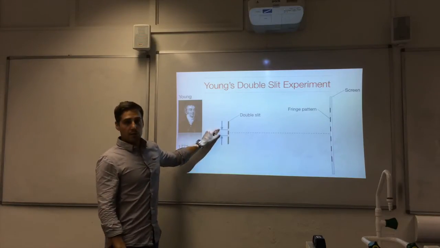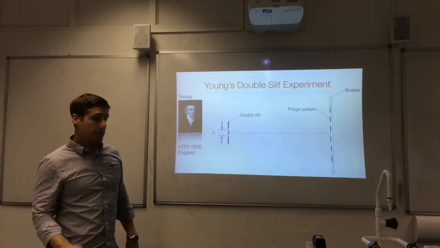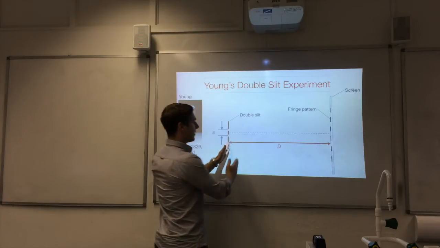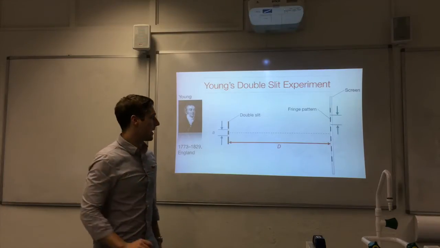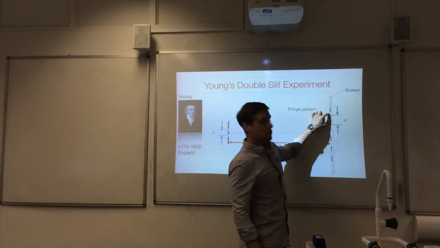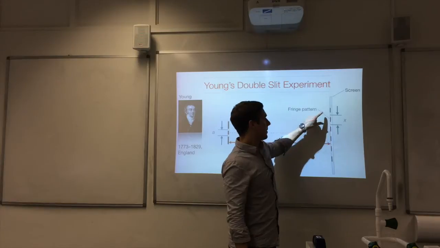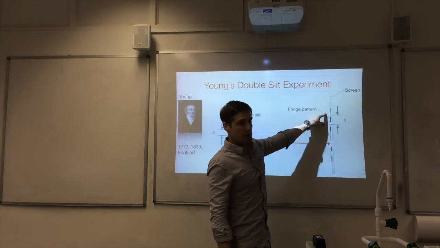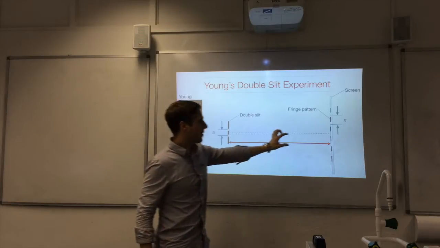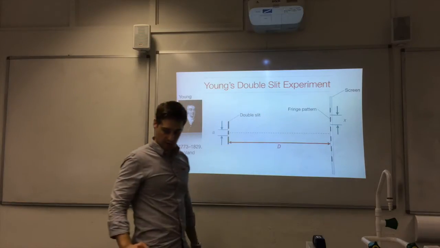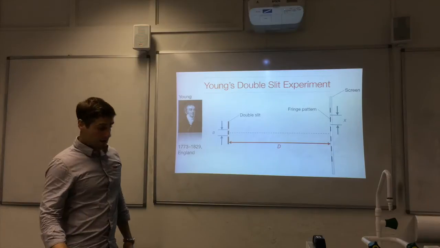This distance here between the two slits is called a. The distance between the slit and the screen is D. And then the distance between two neighbouring bright regions is x, or it could be two dark regions as well. You can take that measurement instead. And that's x.